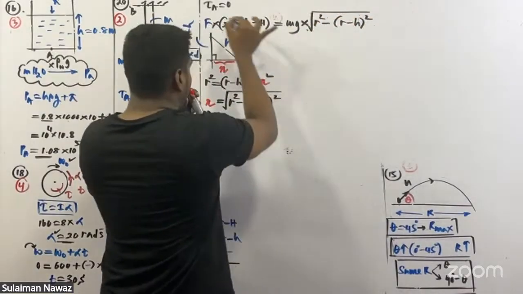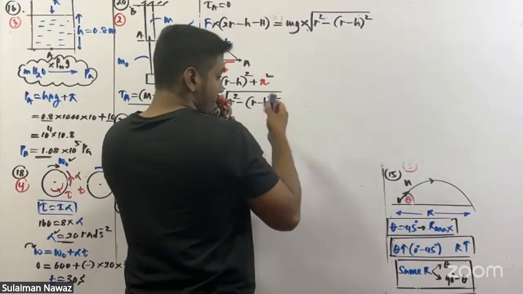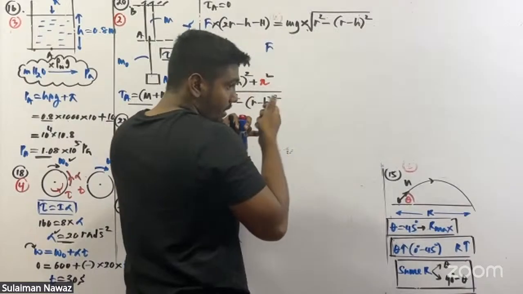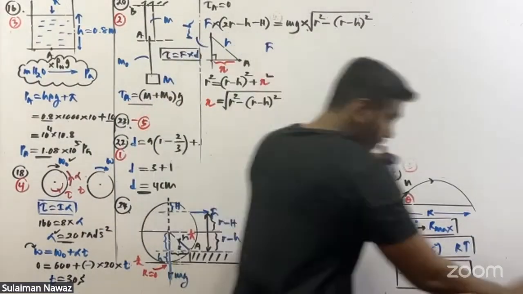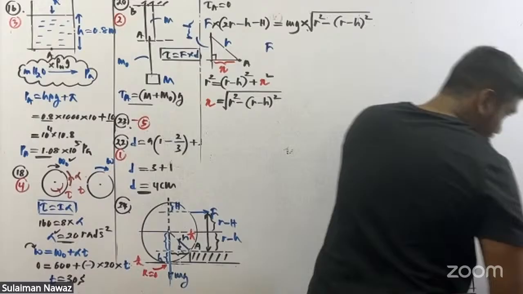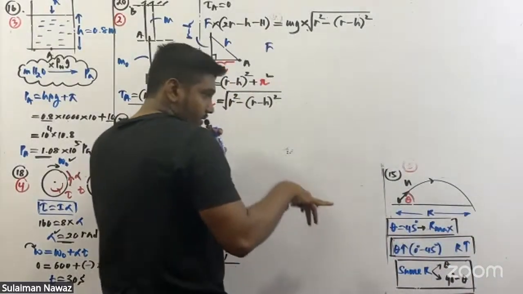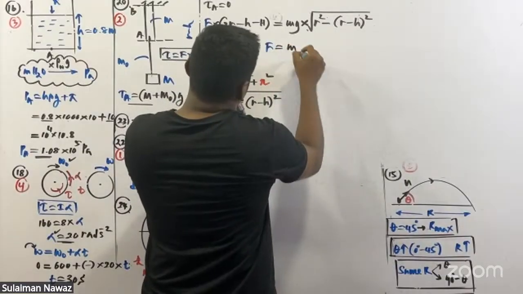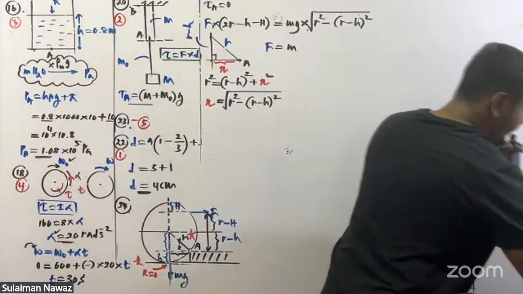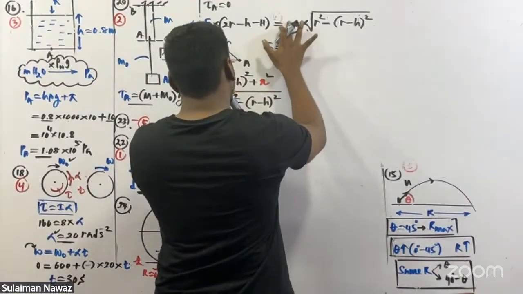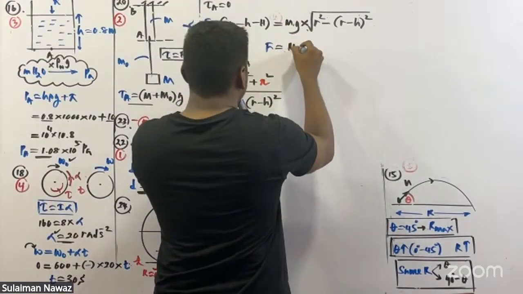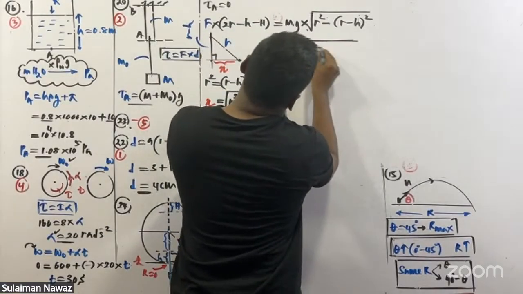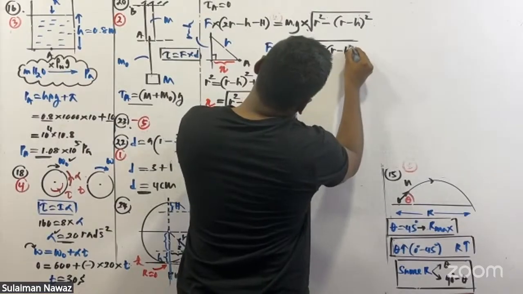So therefore, when you make capital F the subject, F is going to be, mass is capital M, simple M, capital M doesn't matter, M g times the root of r squared minus (r minus h) squared.